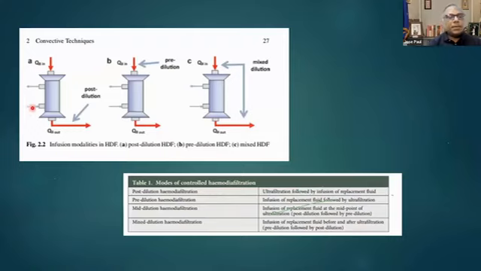The infusion modalities can be post-dilution, pre-dilution, where the substitution fluid enters the hemodiafilter, or a mixed dilution method, where part of the fluid goes into the pre-dilution mode and part goes into the post-dilution mode.